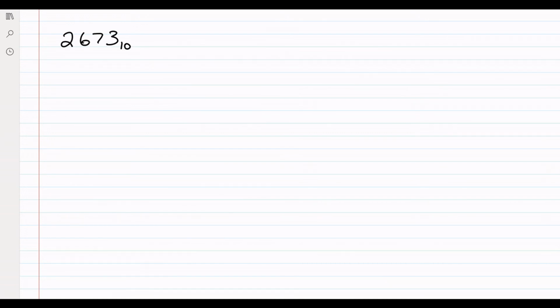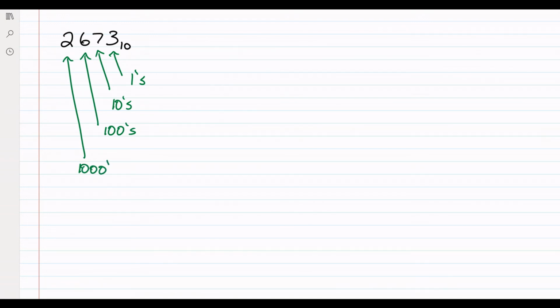To understand this, we have to go back to elementary school and think of our place values. This column here is the ones column, this is the tens column, this is the 100s column, and this is the 1000s column. So to get the number 2673, you have 3 ones, 7 tens, 6 100s, and 2 1000s.